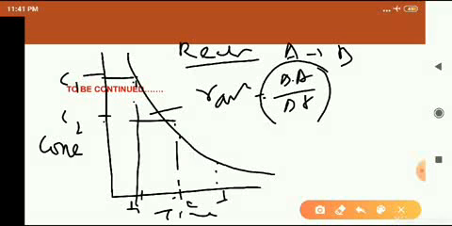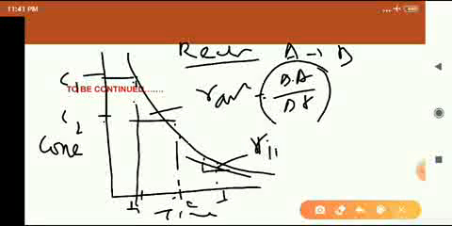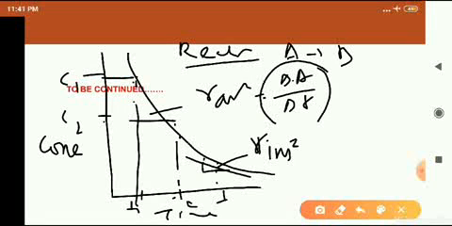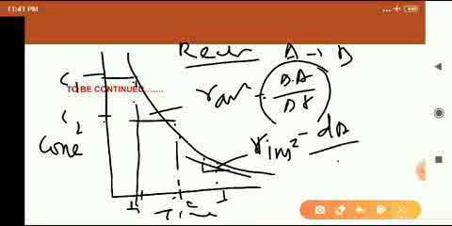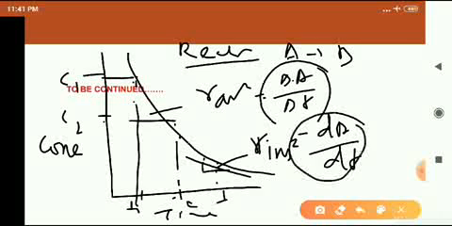And this slope gives us the instantaneous rate of the reaction, which is equivalent to dA by dt. From this graph, the average rate of the reaction can be calculated by change in concentration between any 2 points divided by the time taken.